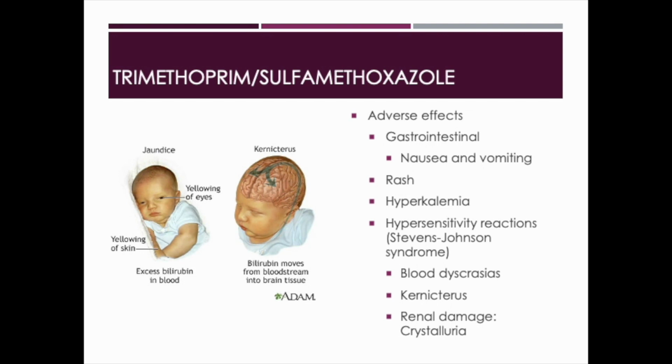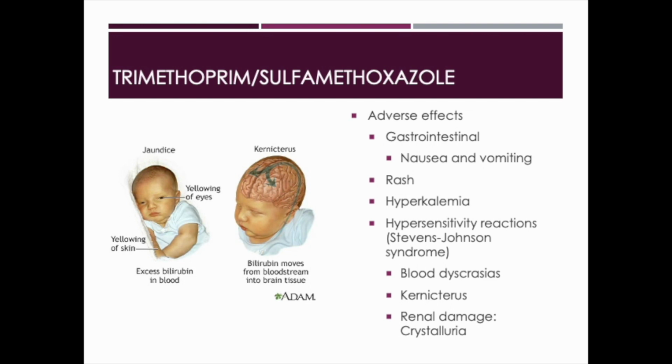Now, there are some renal issues associated with TMP-SMZ, and we will see crystalluria. And if you see this, you want to avoid using this medication. Now, there are several measures that can help reduce the incidence and the severity of this.